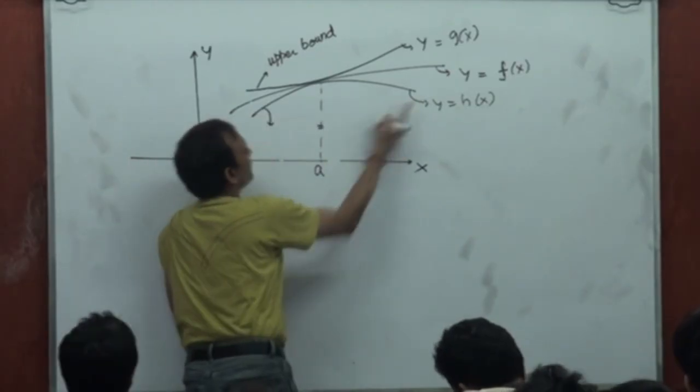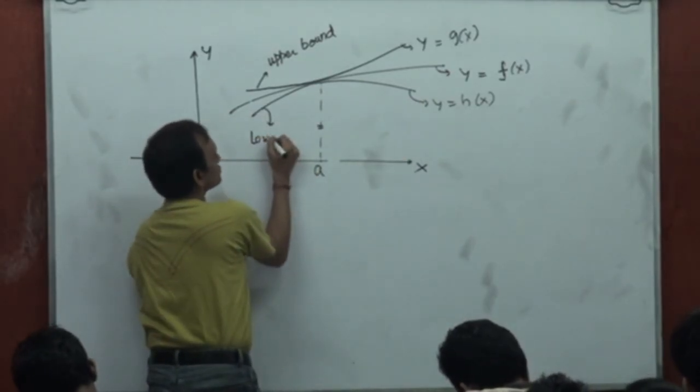This h(x), which is below f(x), is called the lower bound function.